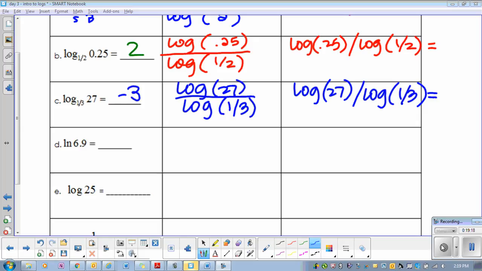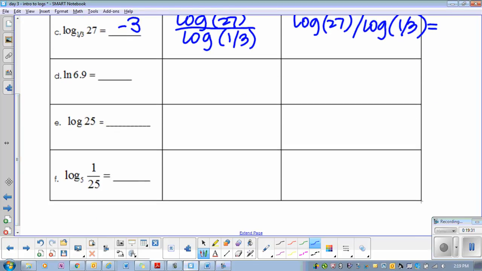So the next one. Do you have a little base number? No? Then just put it straight into the calculator. You don't have to worry about the dividing. You would just put in ln of 6.9.